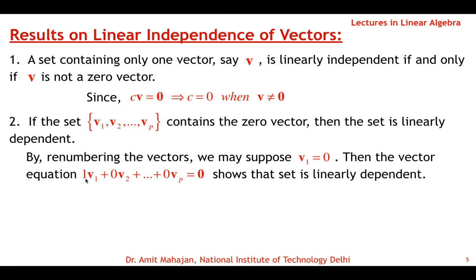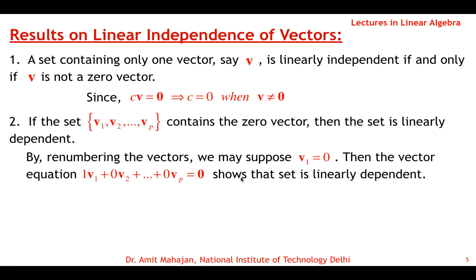The definition says that at least one non-zero constant should satisfy this, with all other constants 0. The first is linked with the zero vector, so we can take a non-zero constant. Since this equation is satisfied with weights not all 0, it clearly shows that the set is a linearly dependent set.